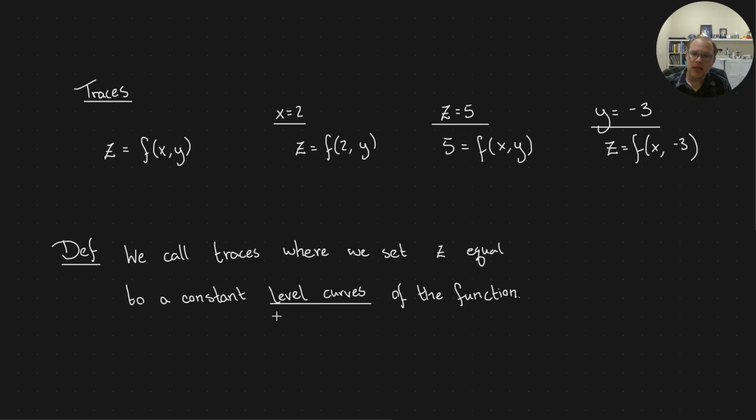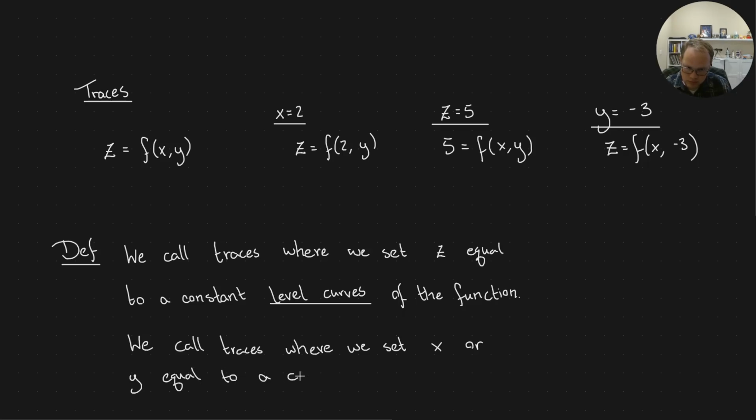Okay, and to distinguish level curves from other traces where we set x or y equal to a constant, we're going to call those other traces vertical traces in particular. Why vertical traces?